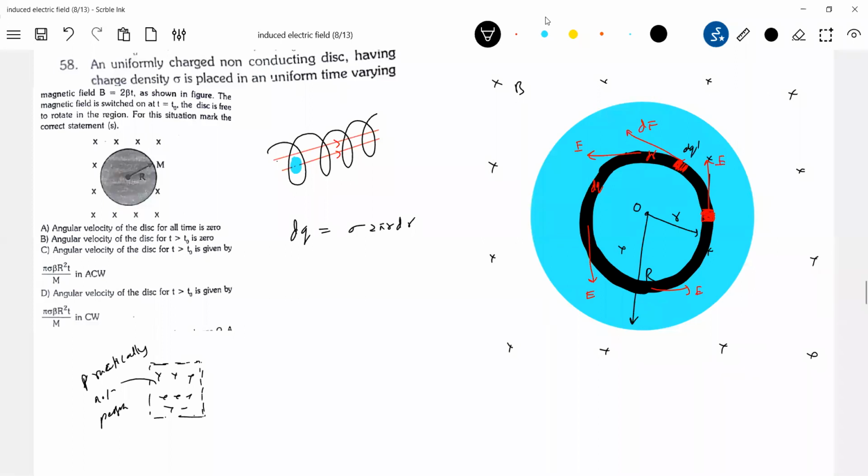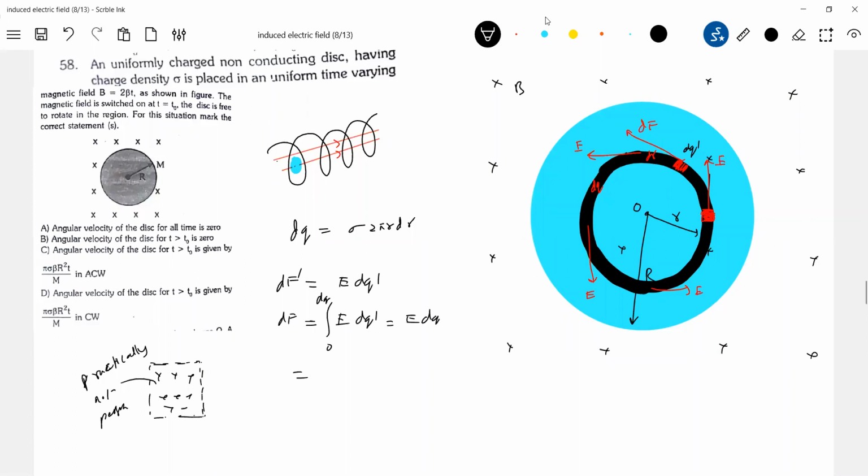So what is the force df you are going to write? df is equal to E into dq dash. Like that, a force will act at all points tangentially, no? So if I integrate this, what do we get? Zero to dq, so there should be E into dq.